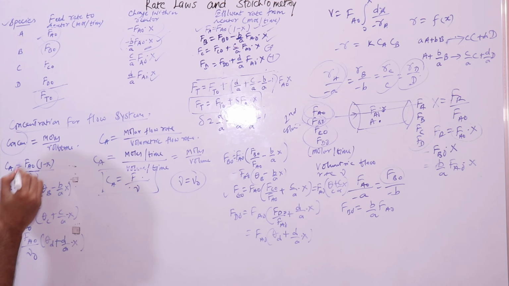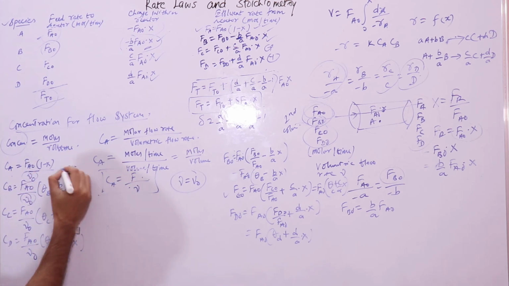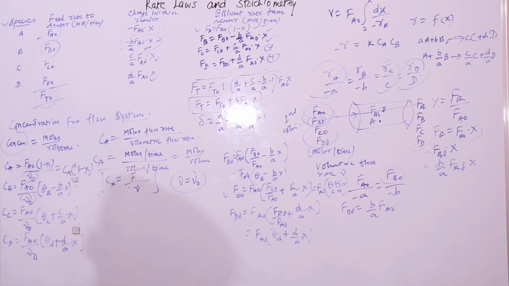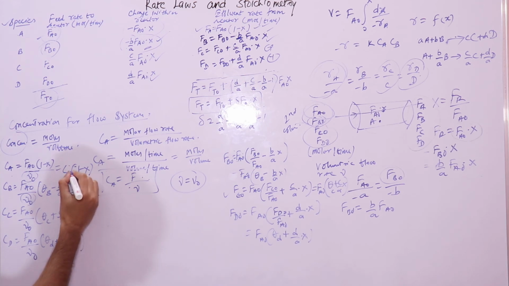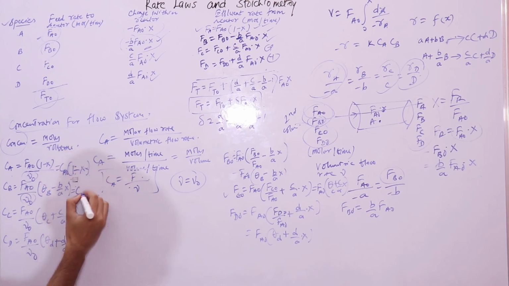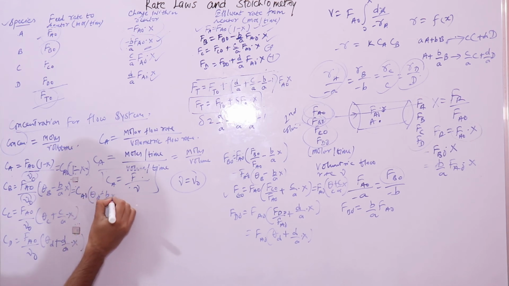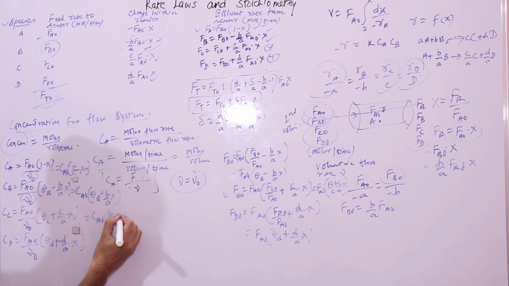So what this term has become, if you look at this concentration: this has become Ca0 (1 minus x), this is your Ca0 (theta b minus b upon ax), this is Ca0 (theta c plus c upon ax).